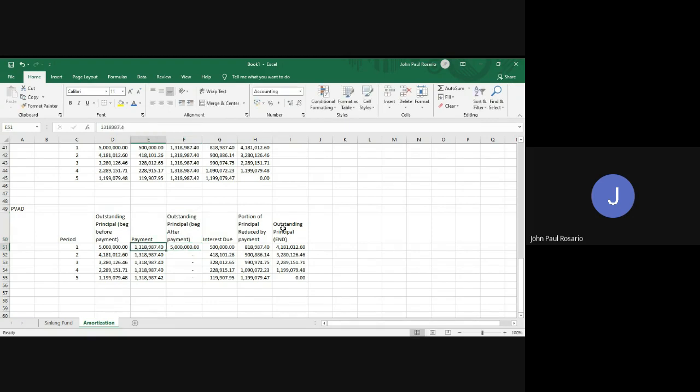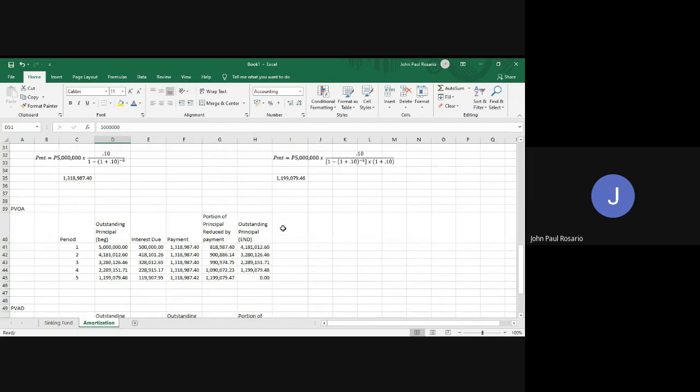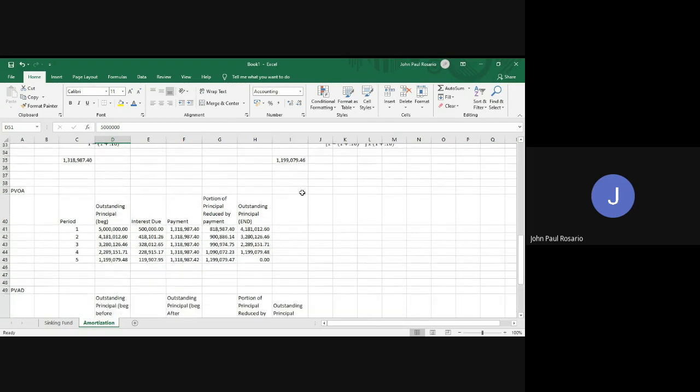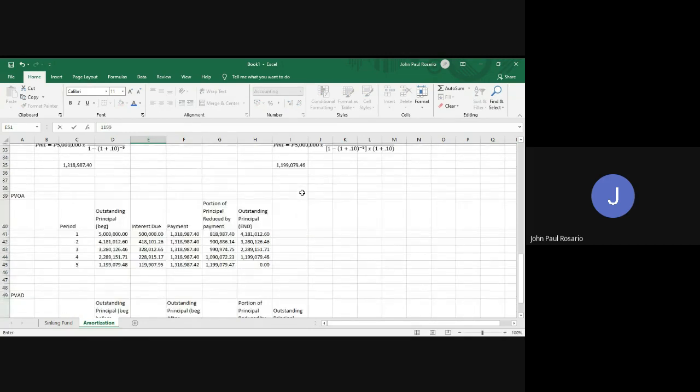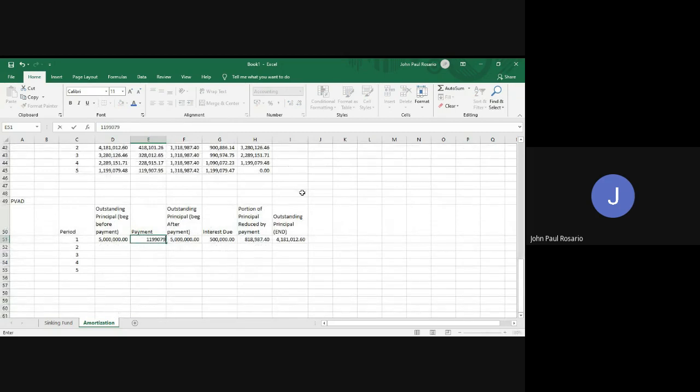Okay. So for the first year, let's delete this first. For the first year, our balance is 5 million, but our payment is 119,007.46. Okay, so this should be constant for 5 years.